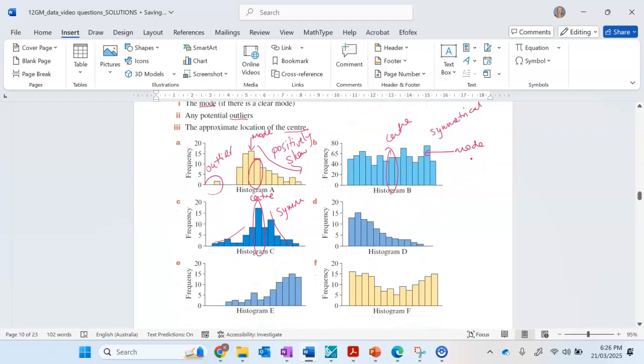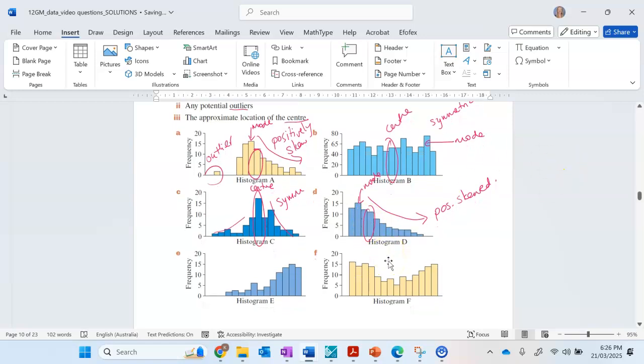All right, so for D, there's no outliers. The distribution is positively skewed. Your mode is here, the highest column. And then your center is probably somewhere around here. If we had to work it out, you would see it's probably somewhere around there.